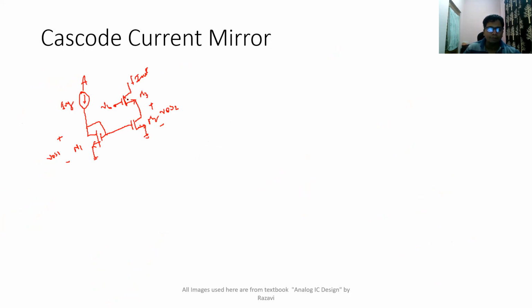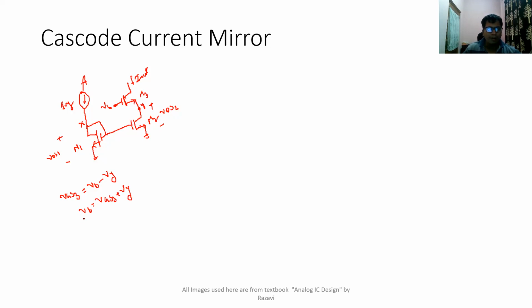We know that for this transistor M3 to be in saturation, the difference between its gate and source, that is VGS3, should be equal to VB minus VY, where we let this point be Y and this point be X. Or in other words, VB is equal to VGS3 plus VY.